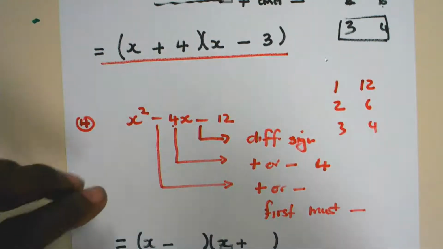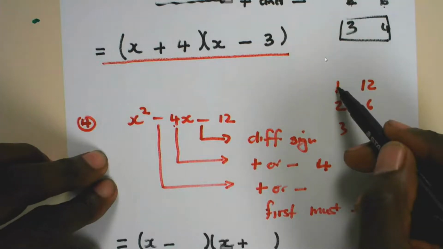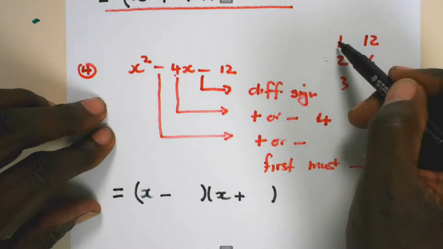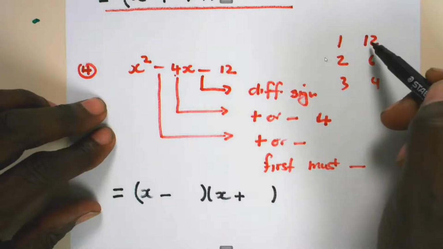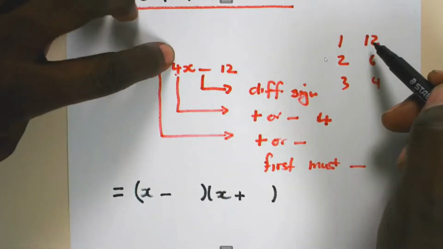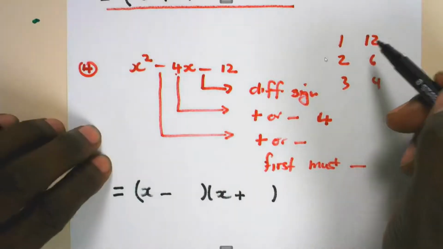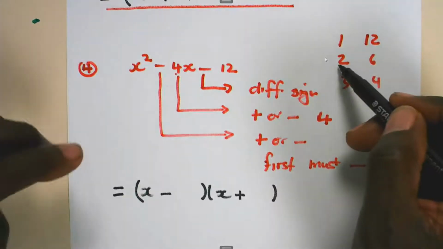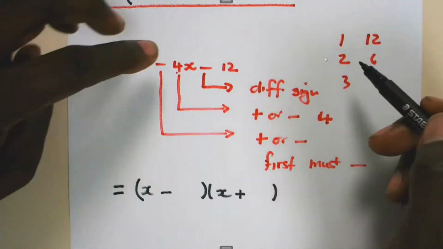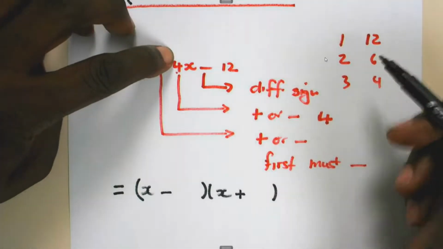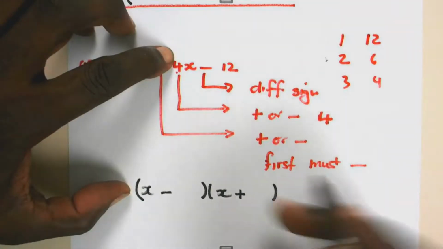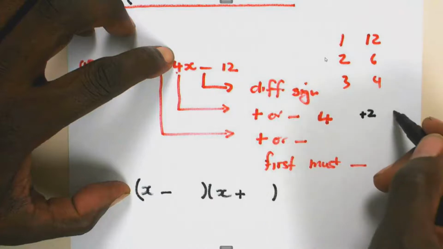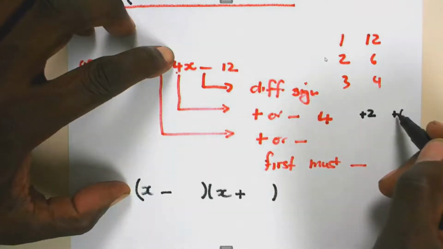If 1 is positive and this one's negative, it's going to be negative 10. It's not giving us 4. If 6 is negative and this 2 is positive, it gives us 4. It means the factors here are 2, which is positive, and 6, which is negative.